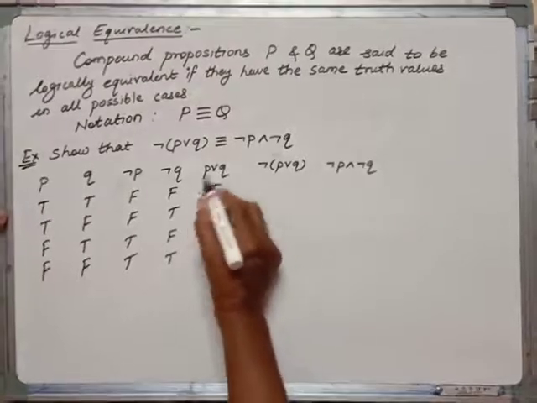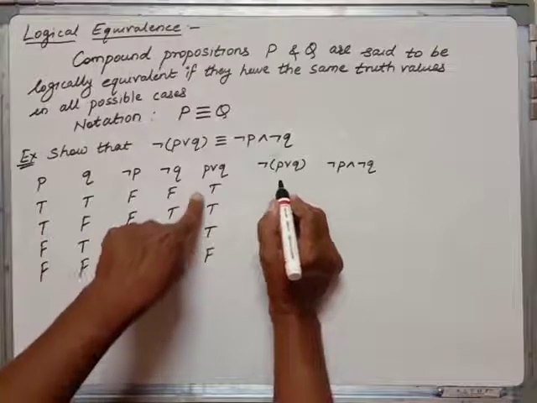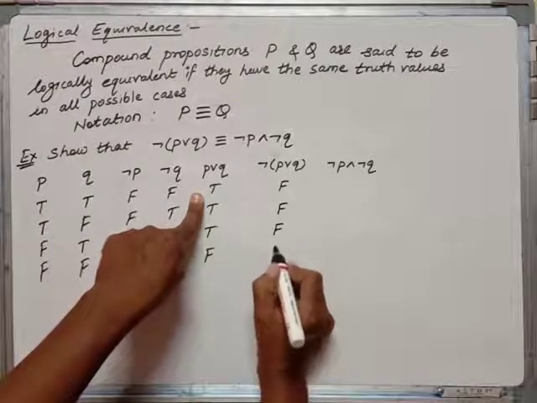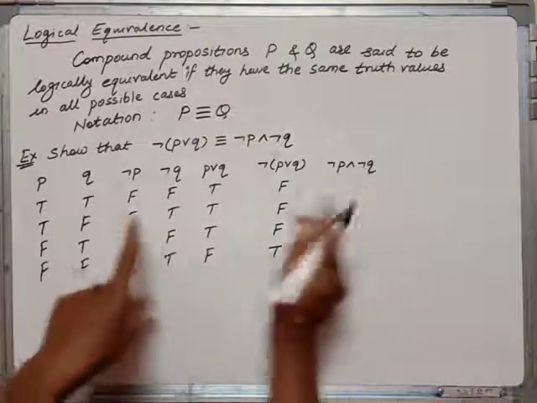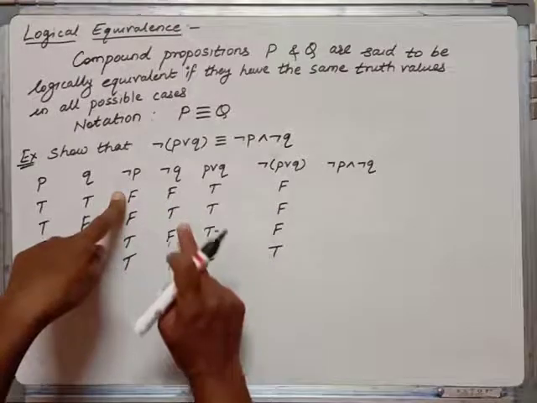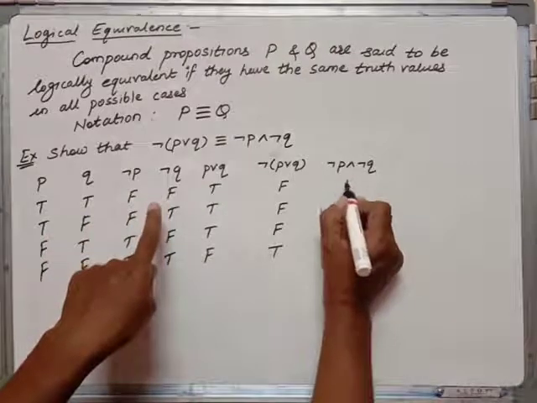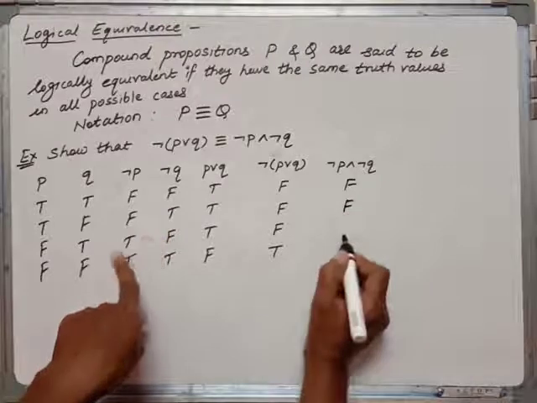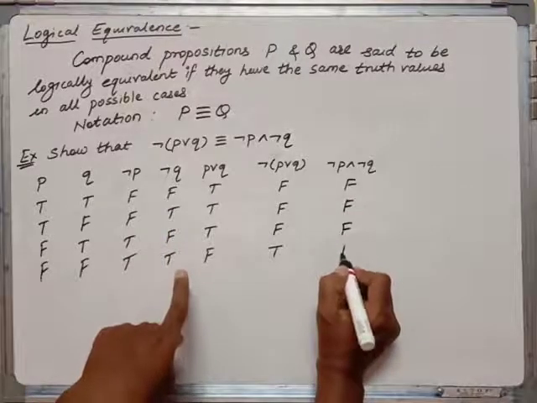Now negation of P or Q is false, false, false, and here it is true. Now negation P and negation Q: and is true only when both are true, otherwise it is false. So false and false is false, false and true is false, true and false is false, and true and true is true.